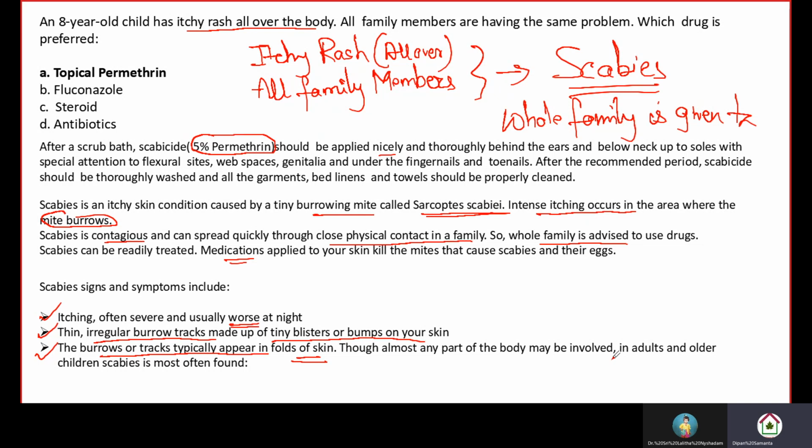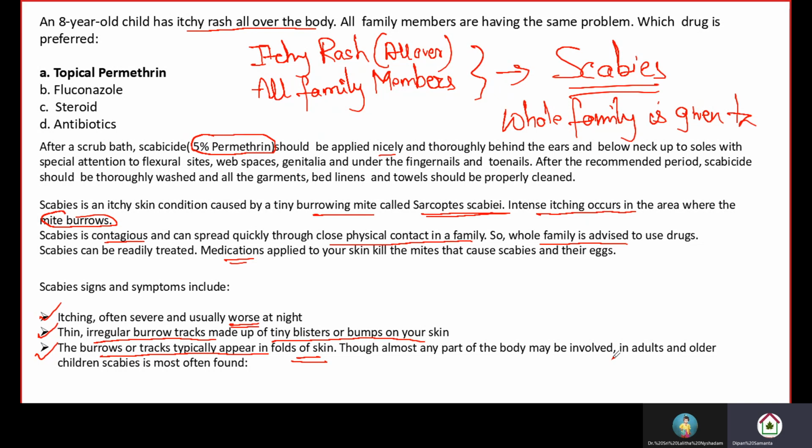Almost any part of the body may be involved. In adults and older children, scabies is most often found. So almost in all genders, almost in all ages, and all over the body, and the treatment should be given to all the members of a family.